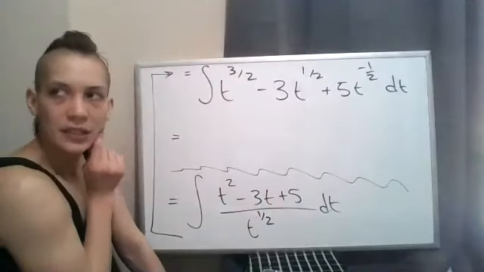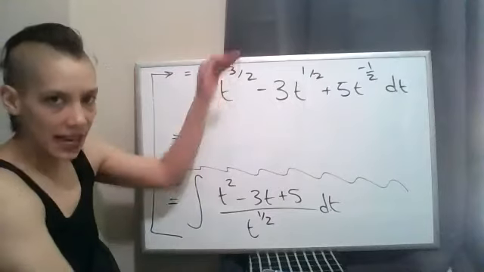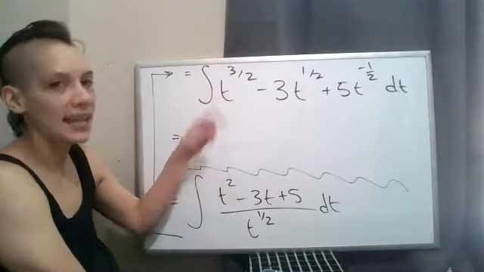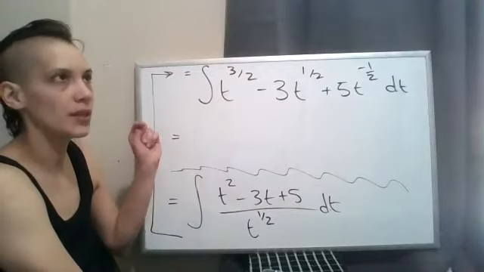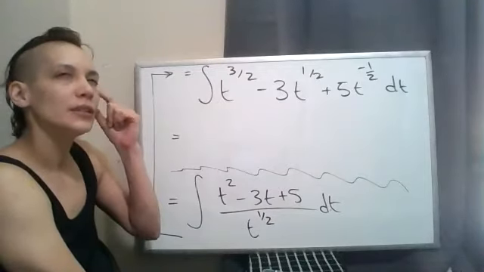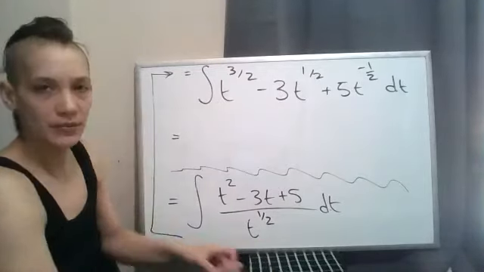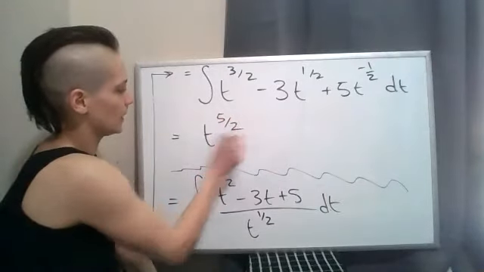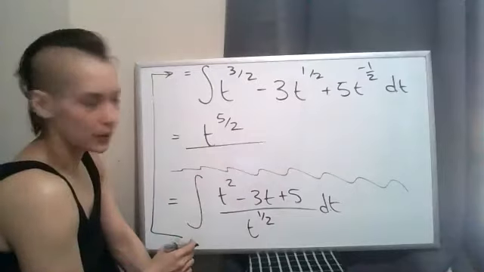Okay. So what we do is add 1 to the power and then divide by that number when you get an antiderivative. So 3 plus 2 is 5, so the power is 5 halves. And then divide by that number, that power.